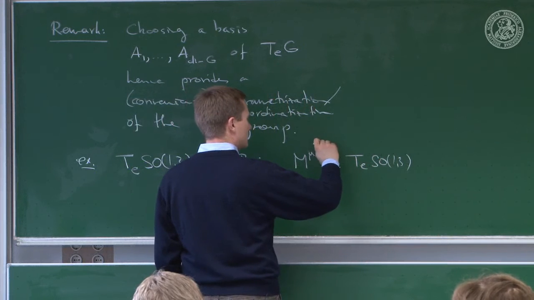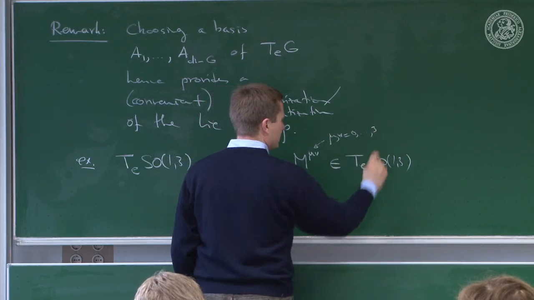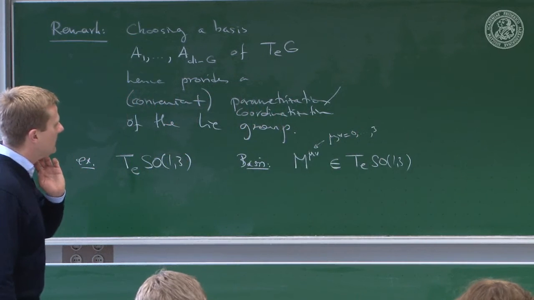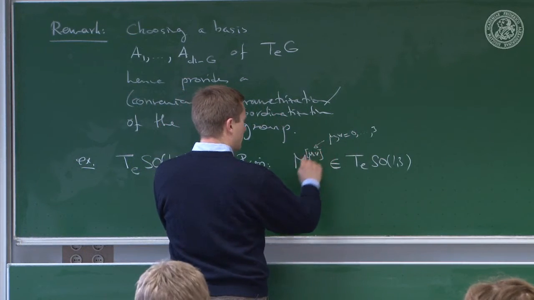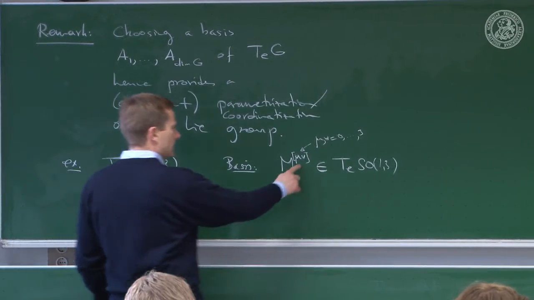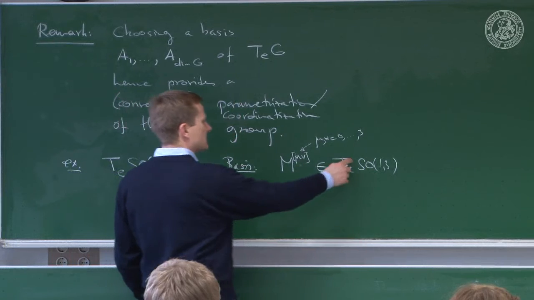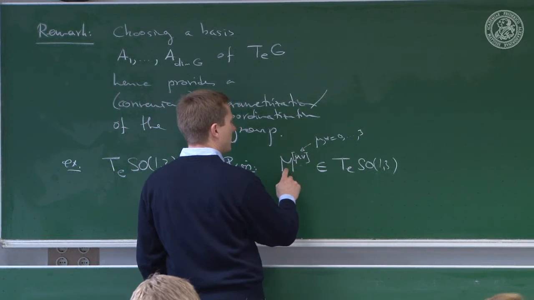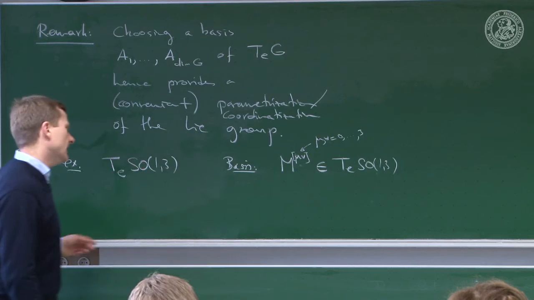And these μ, ν, they run from 0 to 3, say. Okay. But so you have, and they're antisymmetric. So you have 6 of those. And that's right, because this is a 6-dimensional group. So the tangent space is 6-dimensional.